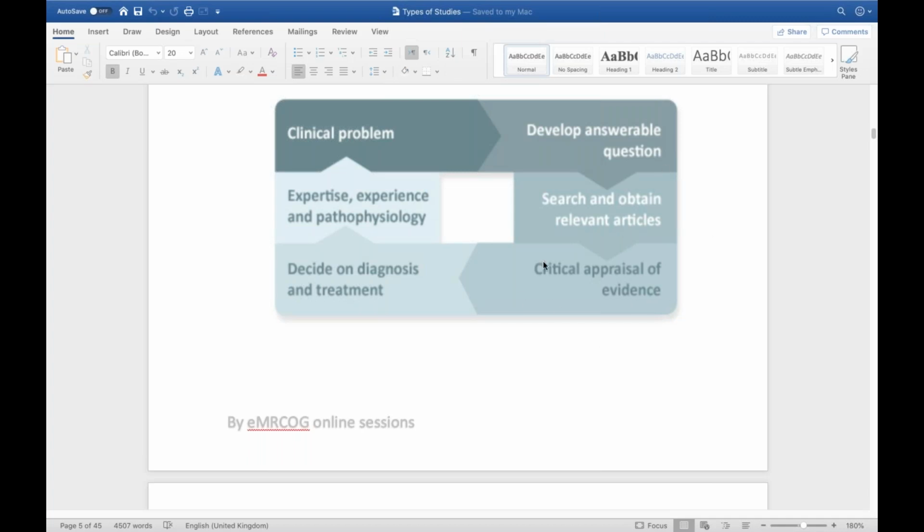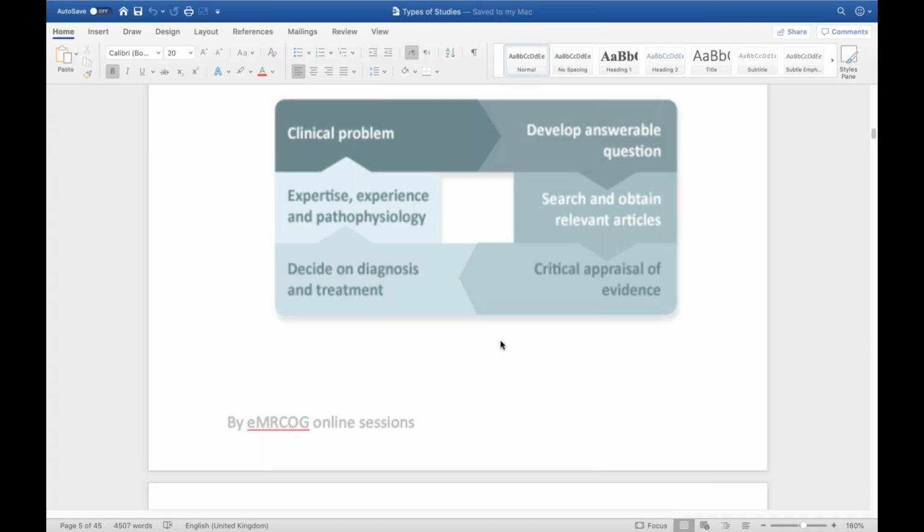So critically appraising the evidence or the research paper is to look: is it valid internally and valid externally or not? Valid internally means that this piece of research is done in the right way, and valid externally means that this piece of research can be applied to my patient. It can be taken off this journal paper and applied in clinical practice.